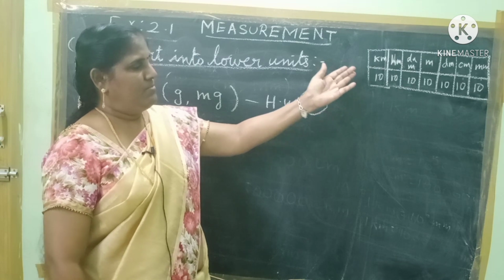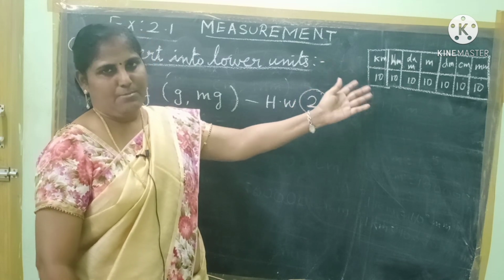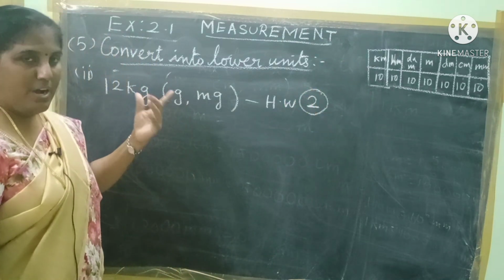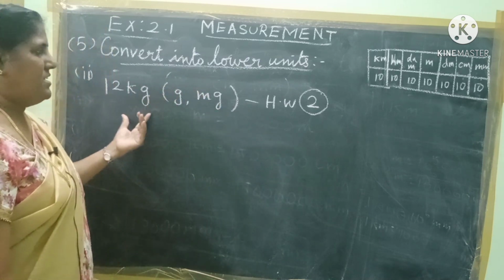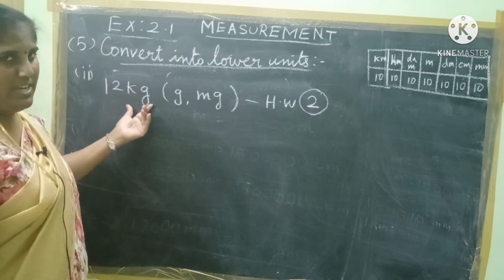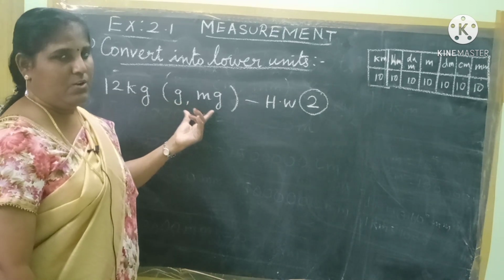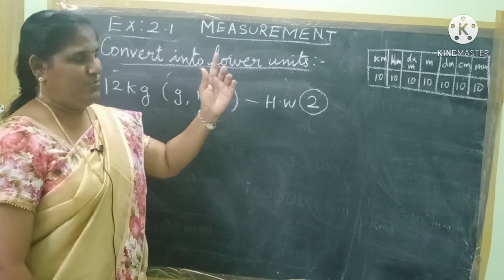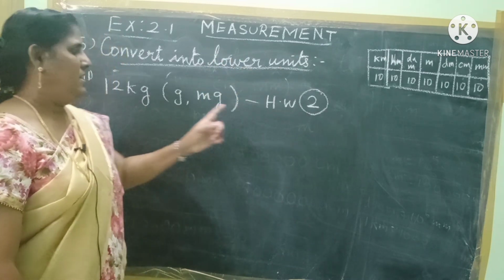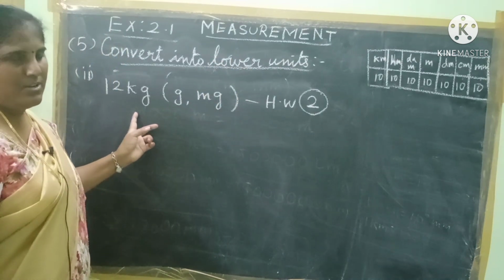So kilogram, hectogram, decagram, gram. It will come like that. And form the rules first. After that, here kilogram is the higher one, we need to change to the lower unit. What was the rule? How to do the sum? Yes, first you form the rule and then multiply with the given number.